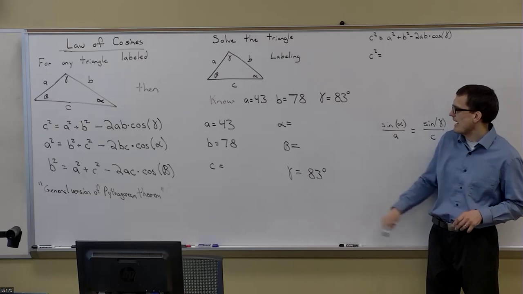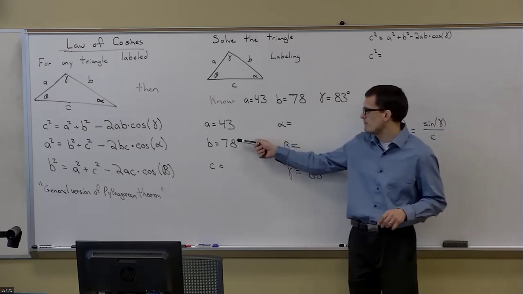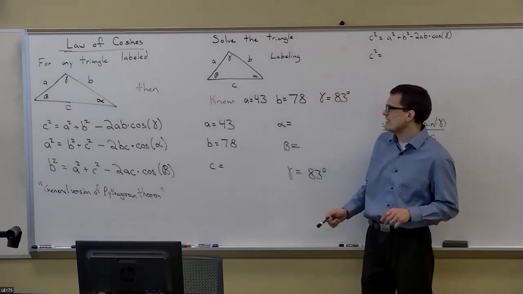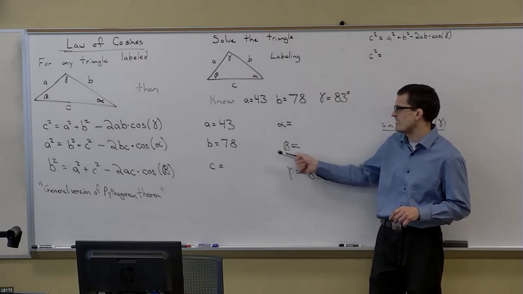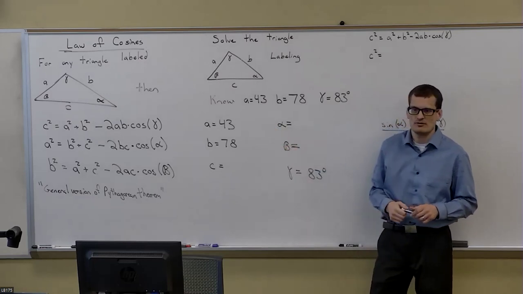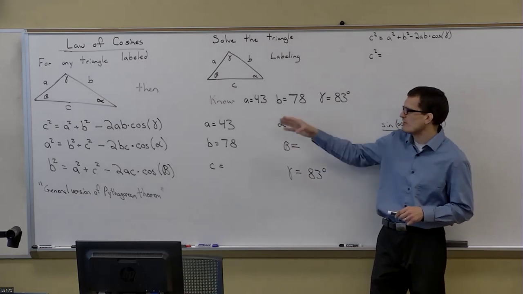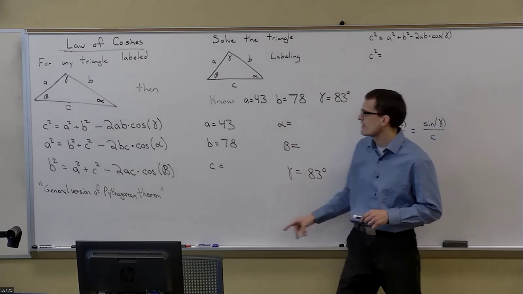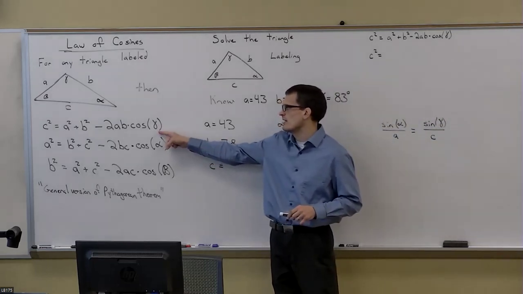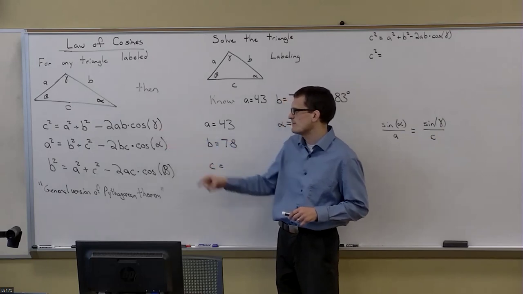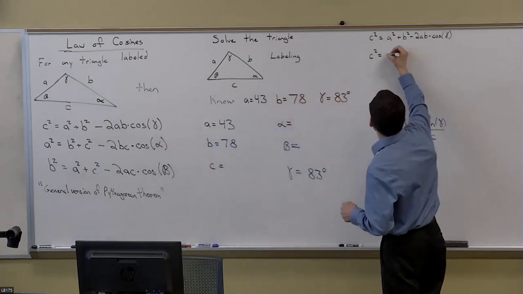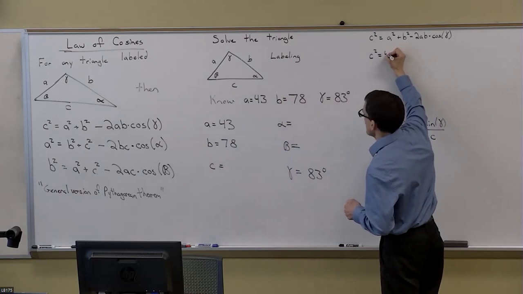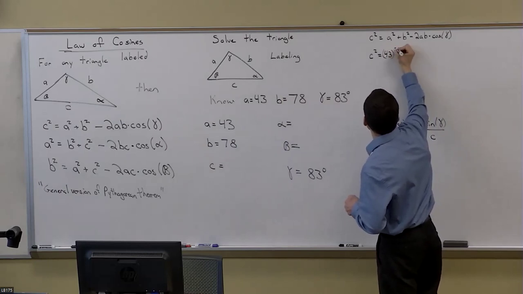But here I have gamma, B, and A, which means in law of sines, I have one piece of each ratio. So that means I have to turn to the law of cosines. Since I'm given the gamma, I'm going to use c squared is equal to a squared plus b squared minus 2ab times cosine of gamma. A in this case is 43. B in this case is 78.